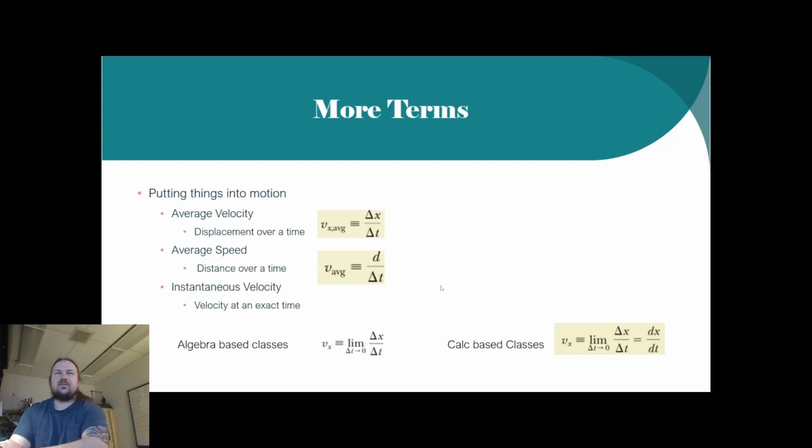So if you drive from where you live down to New York City, and then turn around and come back home, your average velocity would be 0 because you have returned to where you began, right? So your xf and your xi, your final and your initial, would be the same, and your overall velocity is 0.